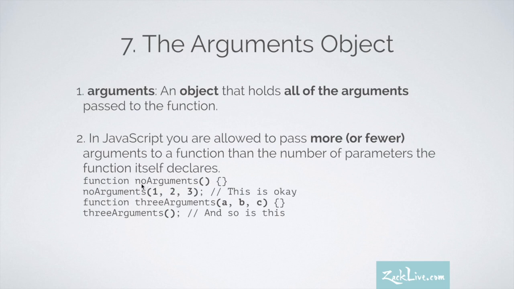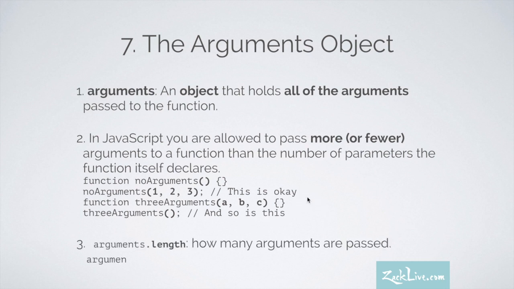We have a function called noArguments. There is no argument in it, but you can still pass arguments to that function. In the second example, we have a function with 3 arguments, but you can still call it without any arguments. You won't get any errors from either.